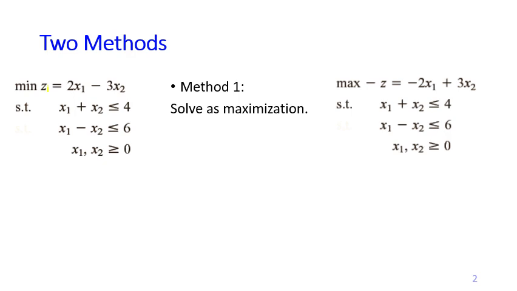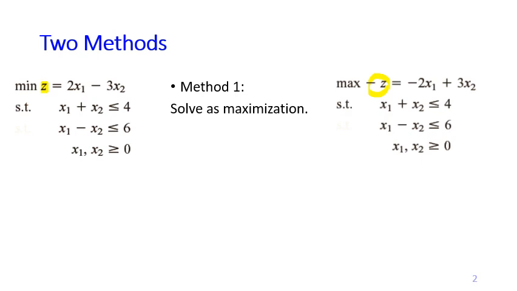It means that on the left hand side, originally it was z, now it becomes -z. And then the right hand side, you multiply everything by -1. And then now you solve everything using the method that has been described before for the maximization problem.